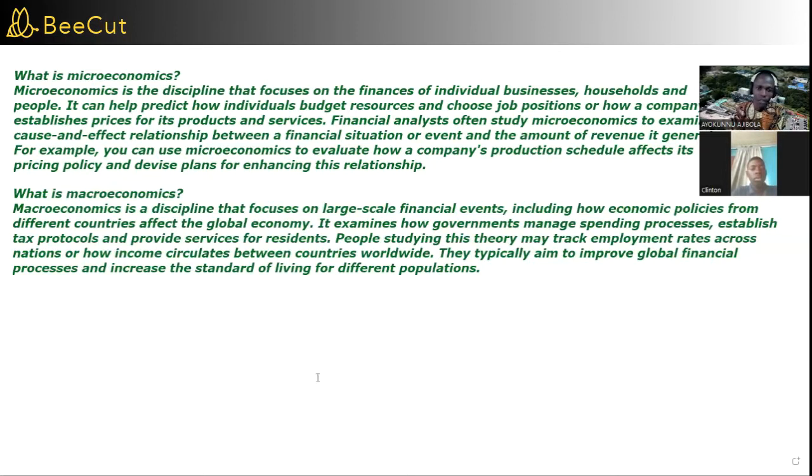So that is about the concept of macroeconomics. Now we have to look at the similarities and the differences between macro and microeconomics as we move on today.